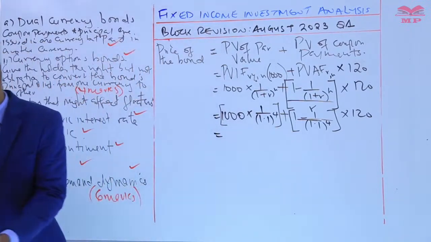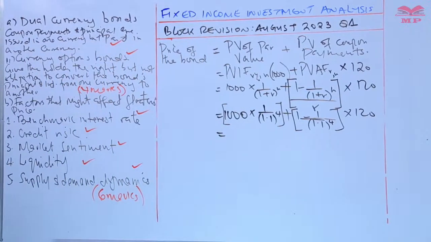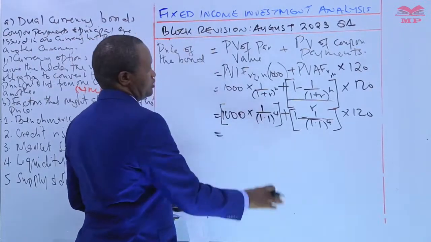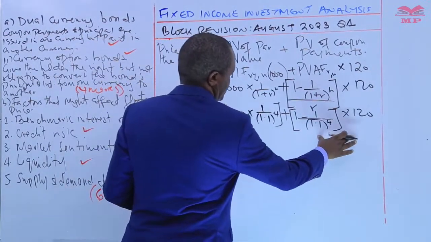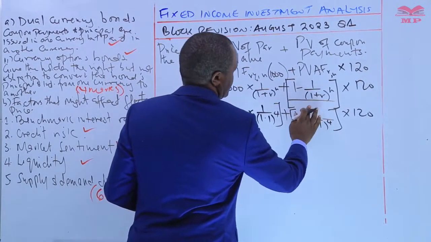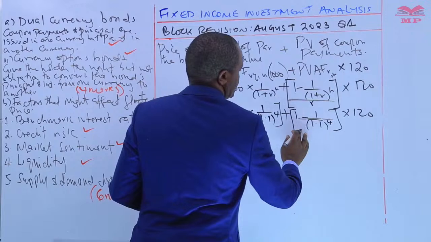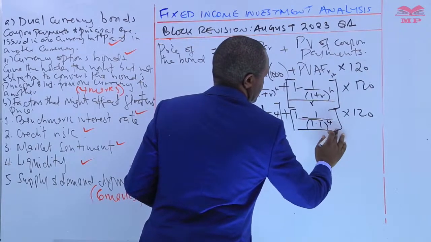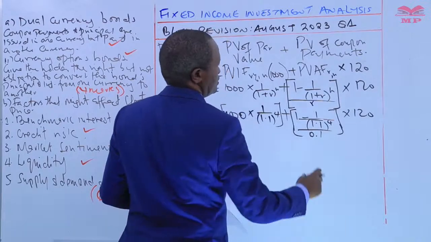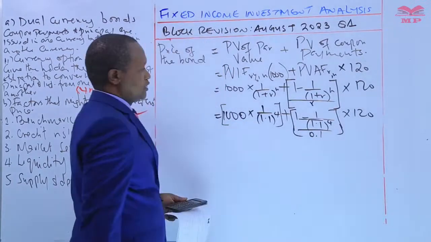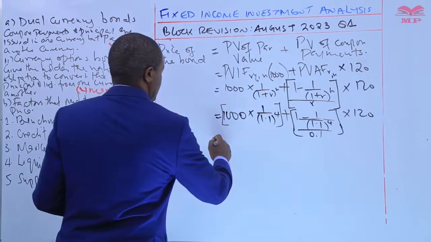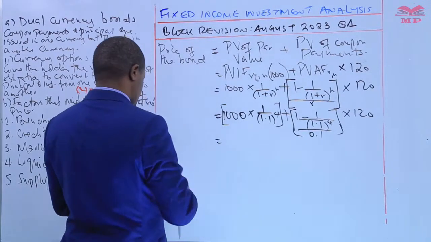I'll take my machine. So the rest is the work of the machine. We discount this, we discount that, then we add. And this is over r, which is 0.1, 10% in decimal.